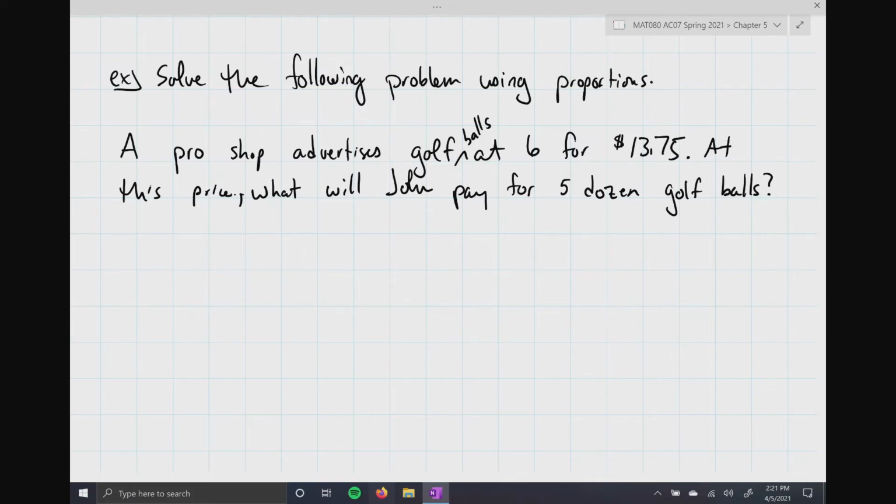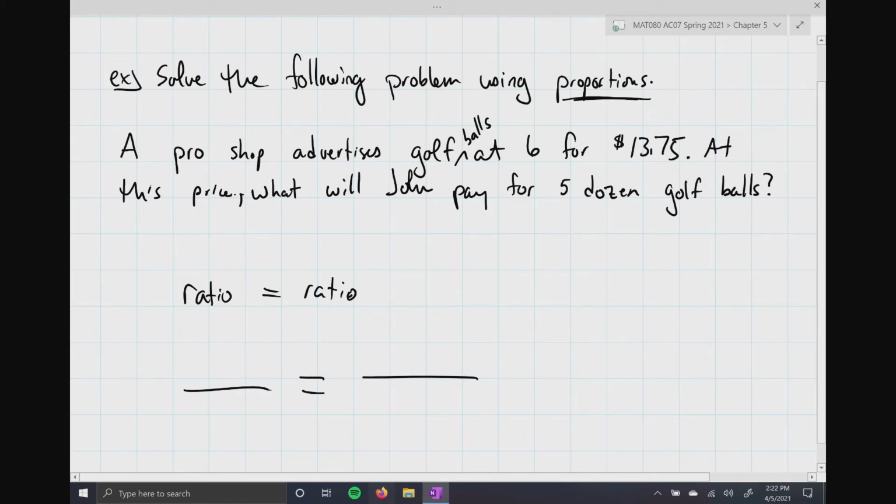Now, I don't want numbers. What I want are units. Because like I said, we know we're solving using proportions, which means I'm going to have a ratio equal to another ratio. And I know this is going to be a fraction equal to a fraction where the units have to match. So what are my units?